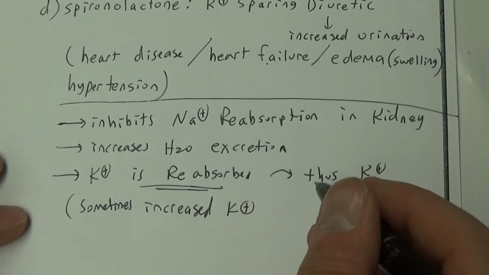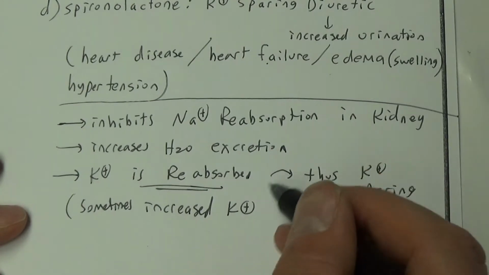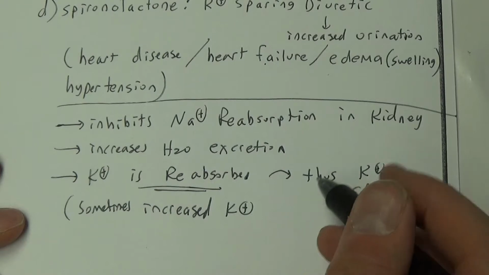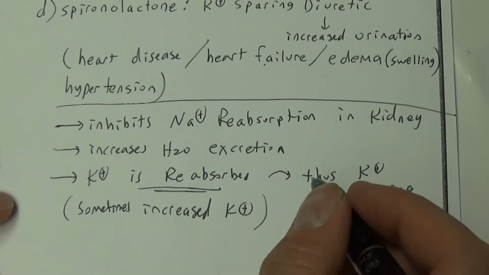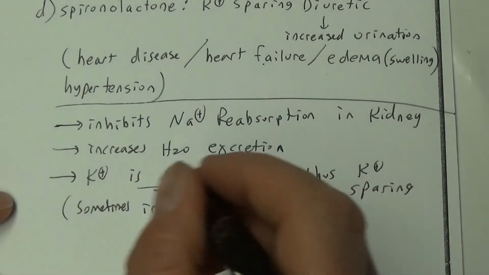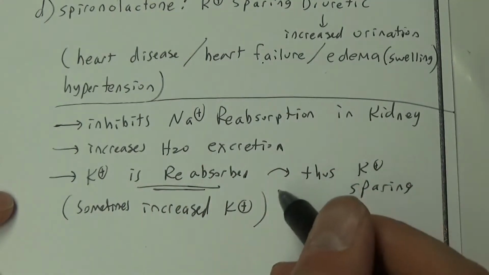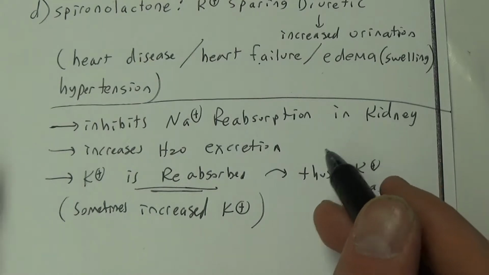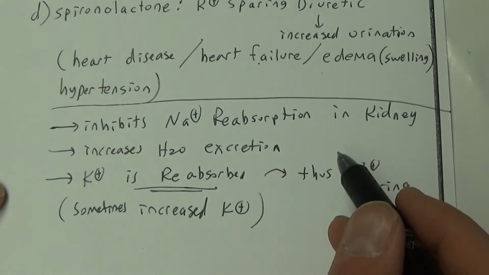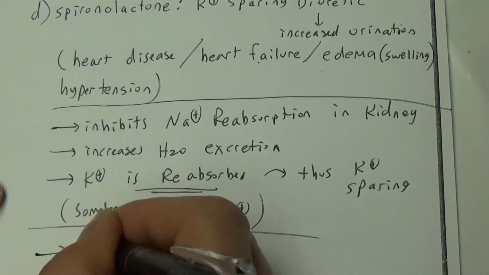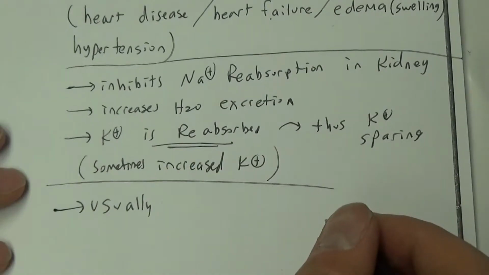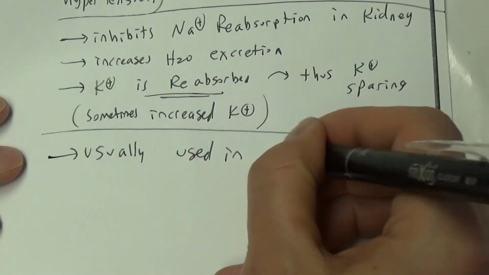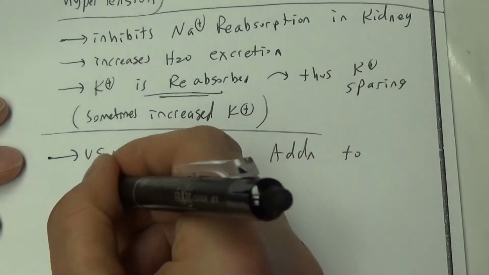So that's a side effect, and that's considered when diuretics are prescribed. That all said, usually when people are treated with diuretics, they're treated with a couple of diuretics, and they all balance each other out, I guess. And this is one of those drugs. So it's usually used in addition to other diuretic drugs.